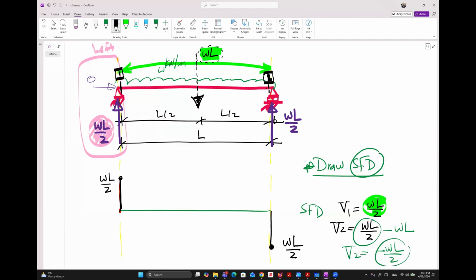At section number 1, we go upward WL over 2. From 1 to 2, we drop the value of WL, so WL over 2 minus WL, we go to negative WL over 2. And as we mentioned in the previous example, above the datum is positive, below the datum is negative for the shear force diagram. Does this make sense for you now?